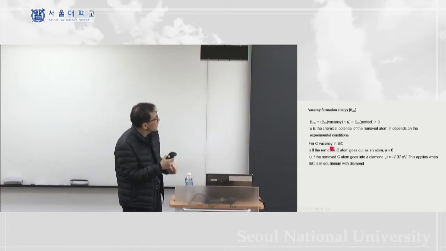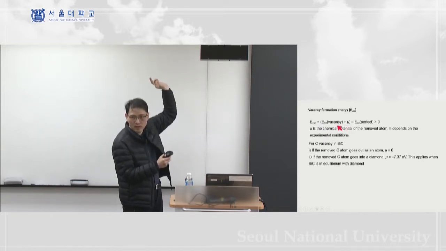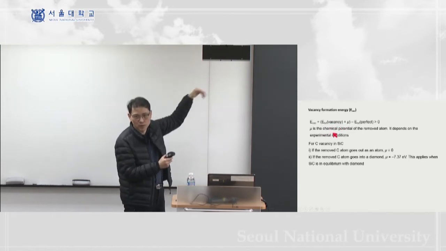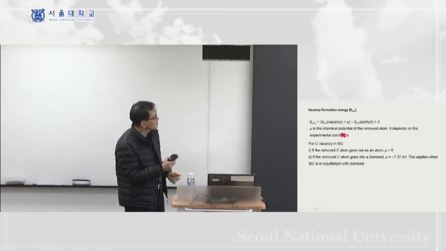One system is the vacancy, and the atom that is displaced from the vacant site is somewhere in a thermodynamic or chemical reservoir, right? Which is represented by this chemical potential mu, all right?